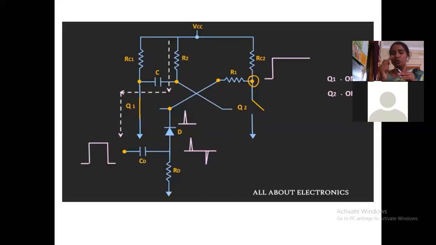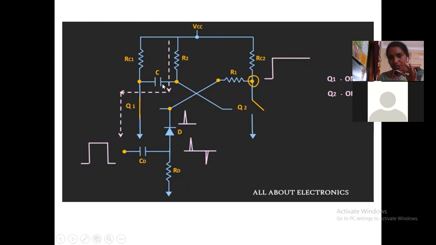By giving positive trigger pulse to Q1, the state will change from VCC to 0.7 volts, that is VCC to 0 volts, right? In the previous condition, the capacitor charged to VCC, right? So by applying the external trigger signal to the Q1 transistor, Q1 acts as a short circuit, right? So there is a loop here.